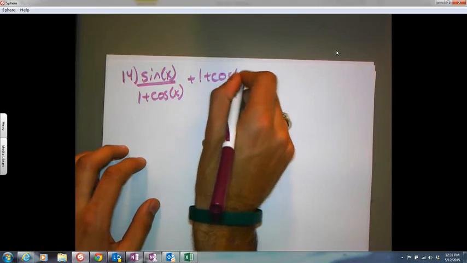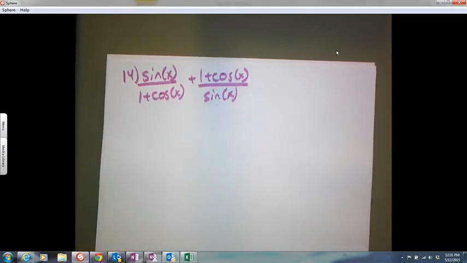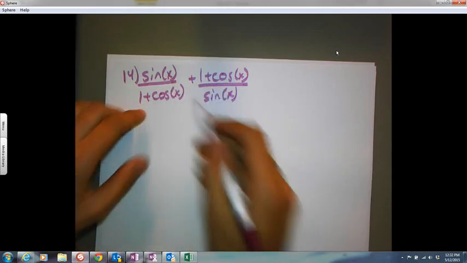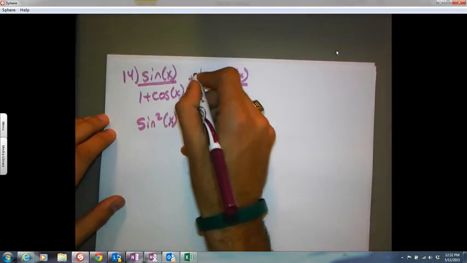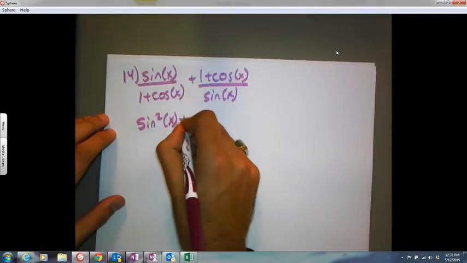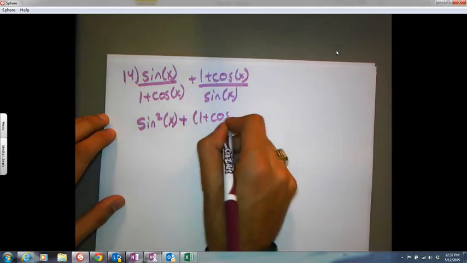So again, this is just the trick to combine two fractions, discussed several times. It's bottom right times top left, sine squared. Bring the addition or subtraction down. Bottom left times top right. Divided by bottoms multiplied.